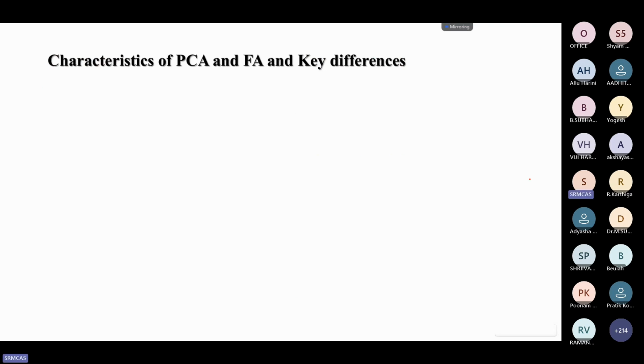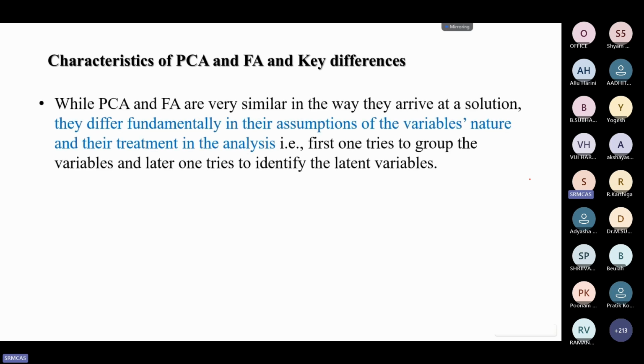Now, PCA and FA seem the same, but there are some key differences between them. While PCA and FA are very similar in the way they arrive at solutions, they differ fundamentally in the assumption of the variables' nature and the treatment in the analysis.